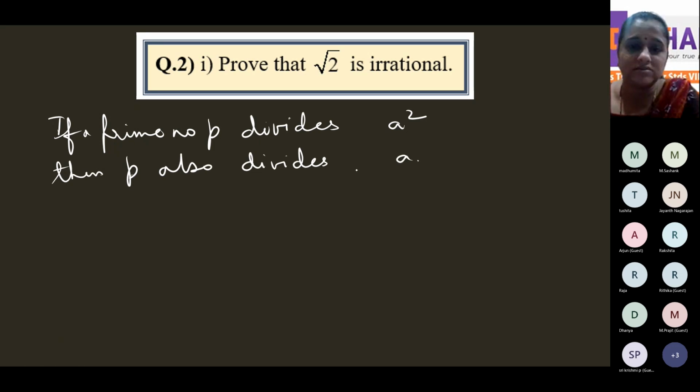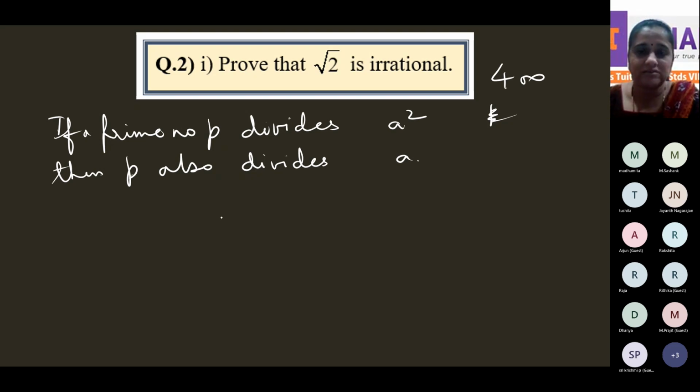Let's understand what it is. Now, I'll take something easy, say 400. What is 400? It's 20 square, right? 400 is 20 square.